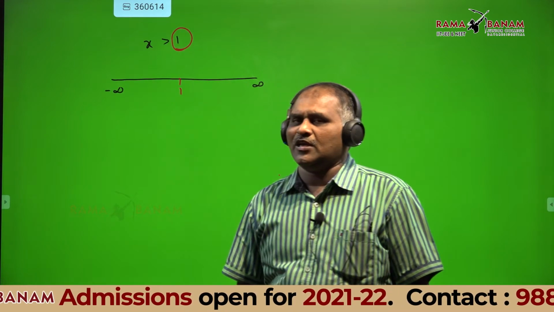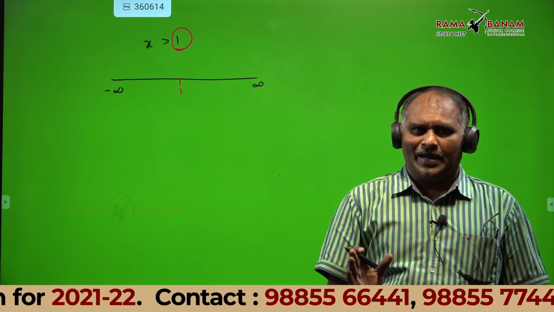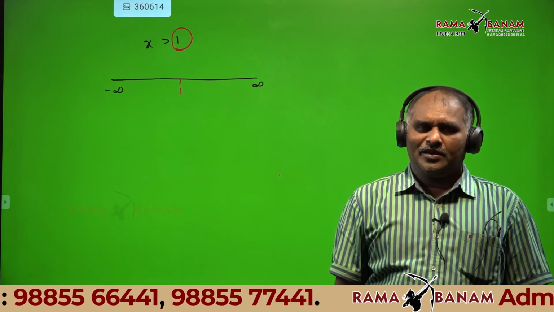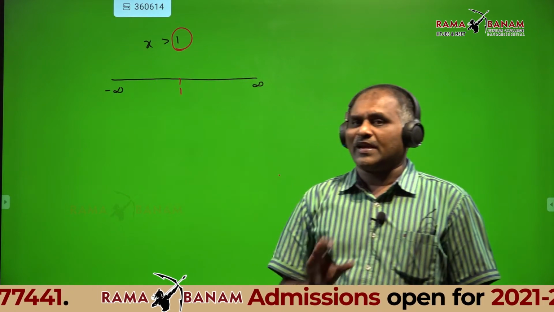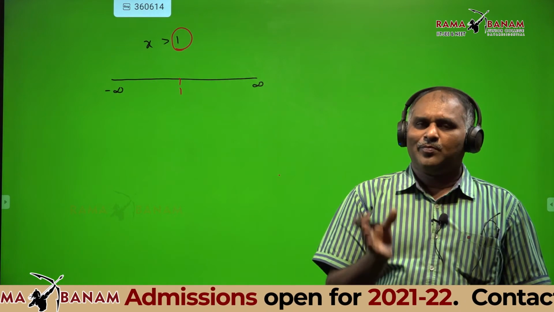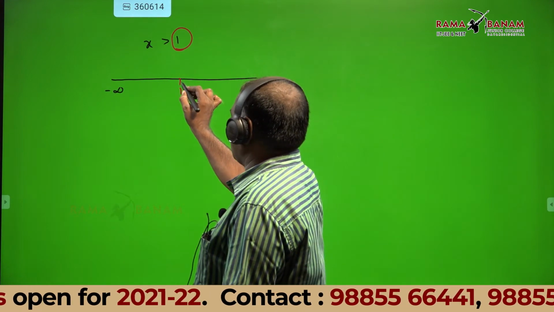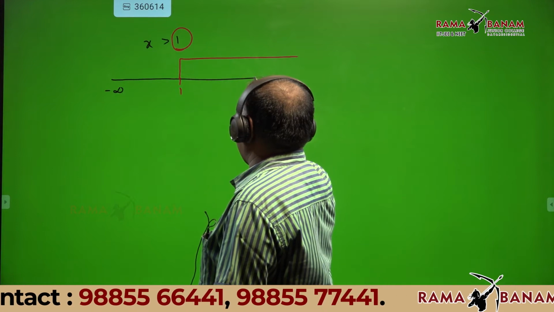What is the meaning when indicated on the number line? On the real number line, greater than means right hand side, less than means left hand side. Simple. Therefore, I can draw on the right hand side.